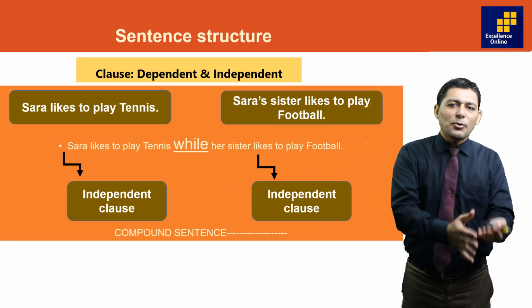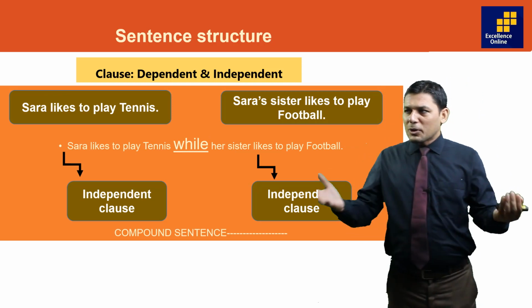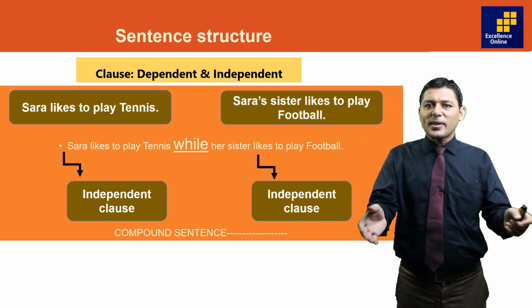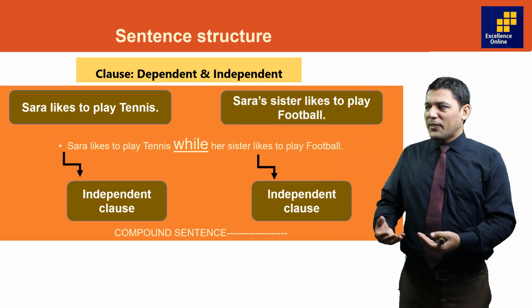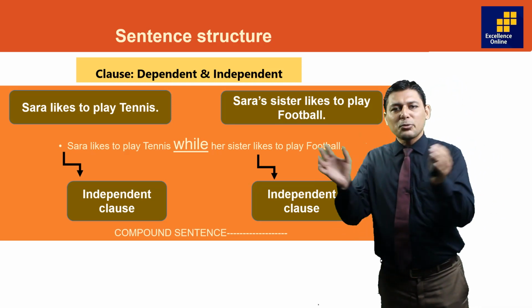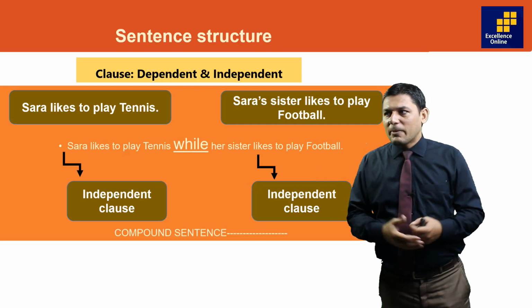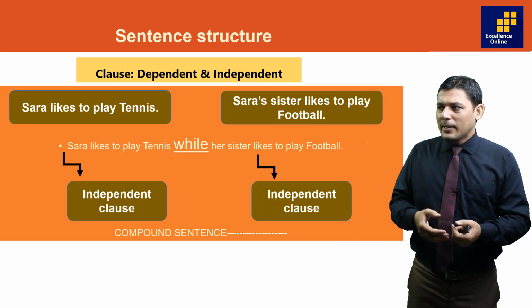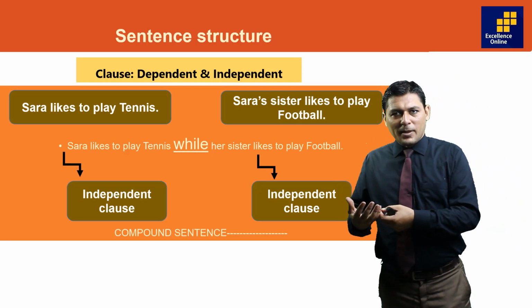Second, we have the compound sentence. Two sentences. Sarah likes to play tennis, a simple sentence. Sarah's sister likes to play football. There are two sentences. We will merge them. Sarah likes to play tennis, while her sister likes to play football.